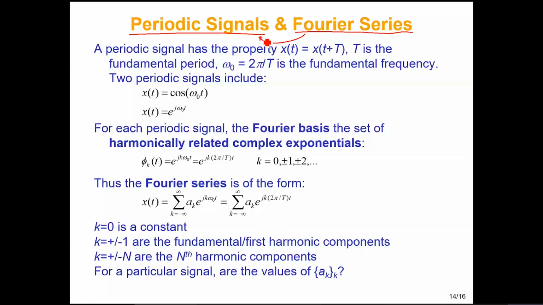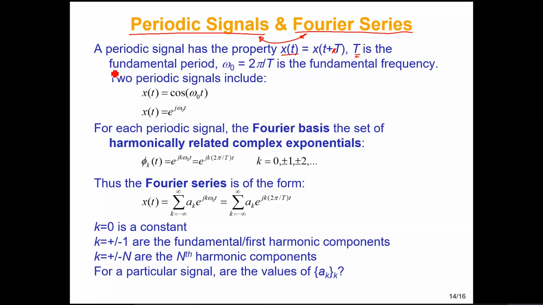What is a periodic signal? We know that a periodic signal is a signal which repeats itself after a particular time period T. So whatever is the value of x of t, the same will be the value for x of t plus any multiple of the time period T. So you can have any particular kT or nT here. And T is the time in which the whole periodic thing repeats.